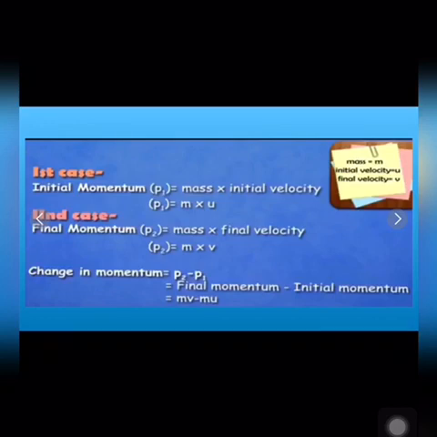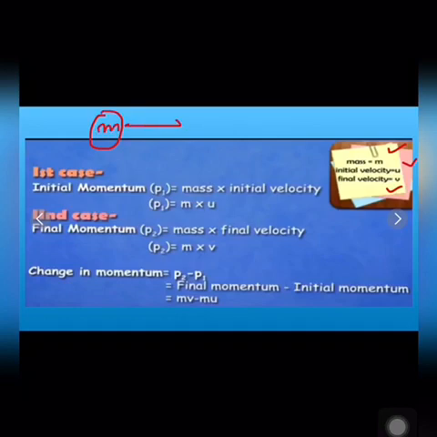So consider a body of mass m moving with initial velocity u. Let a force F act on the body for time t, so that the velocity of the body after time t becomes v. Diagrammatically you can show it like this.